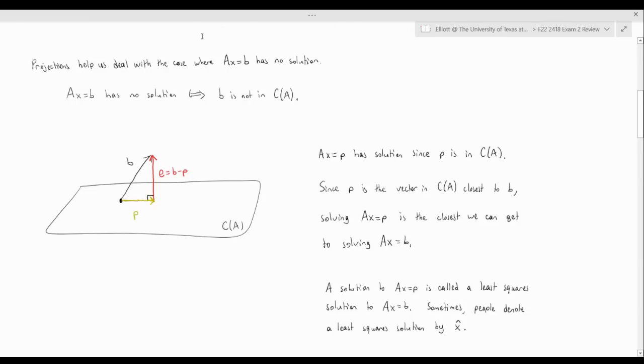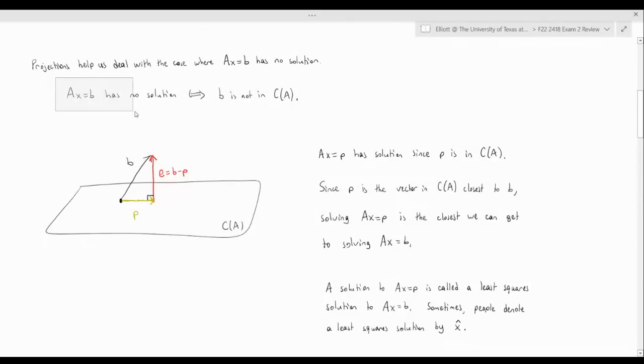That's just the elimination and back substitution stuff that you did in the first part of the semester. We know how to deal with a case where it has infinitely many solutions now as well, because you just got your free variables and whatnot. So in the case where we have no solution, we can use projections to do something about that.